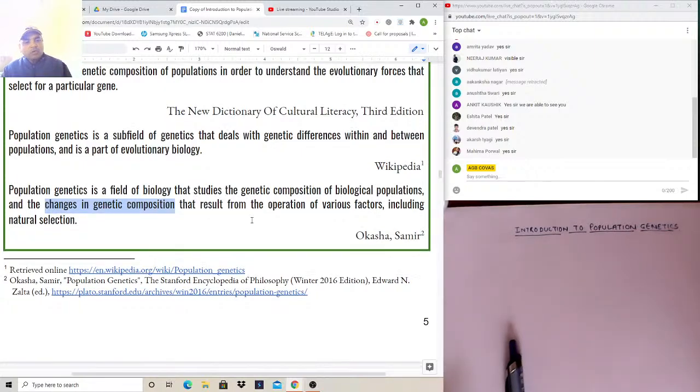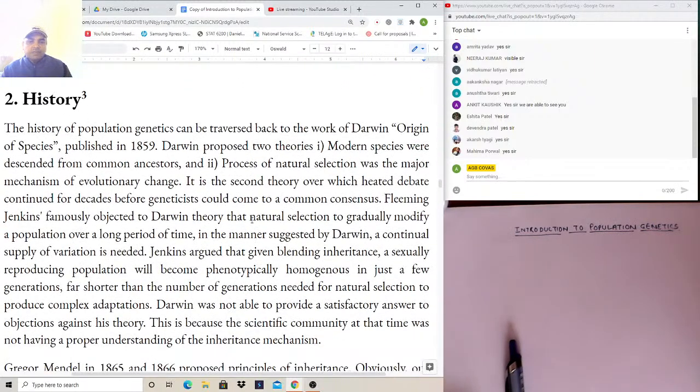So let us move on to the history, because in any topic history is very important. It tells us what our ancestors have already done, what their views were, and how those views continuously changed over time to give us the extract of knowledge that constitutes this subject.